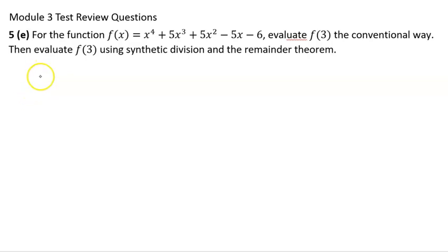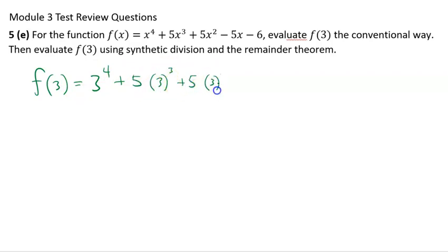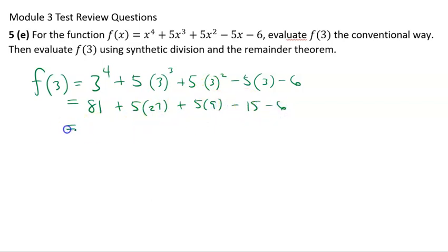Is my green working? Let's try. F of 3 is equal to, just plug it in, 3 to the fourth plus 5 times 3 to the third plus 5 times 3 squared minus 5 times 3 minus 6. Yes, you can just plug that right in your calculator just to be sure we're on the same page. 3 to the fourth is 81. 3 to the third is 27, so I'm going to have to multiply 5 times 27. 3 squared is 9, so 5 times 9, minus that's 15, minus 6.